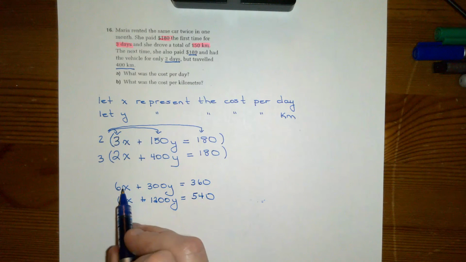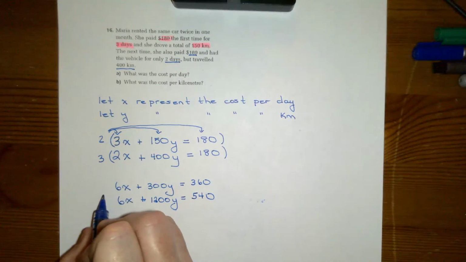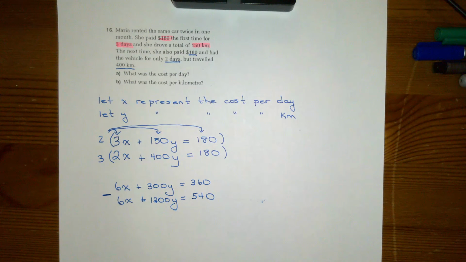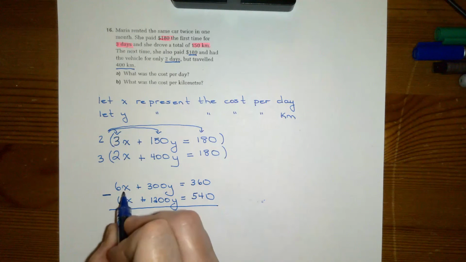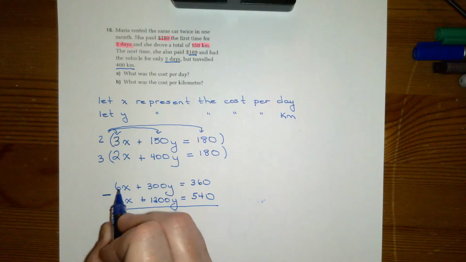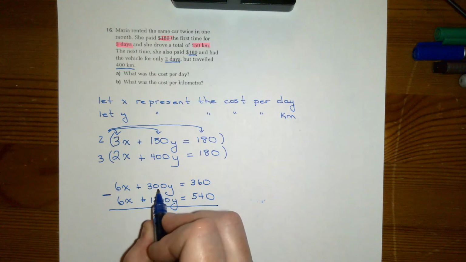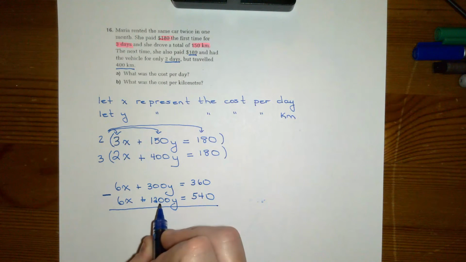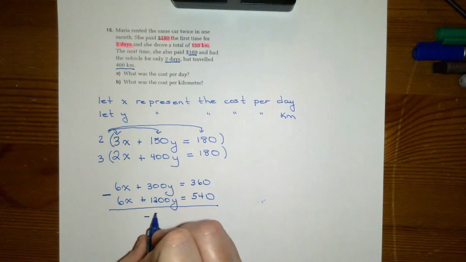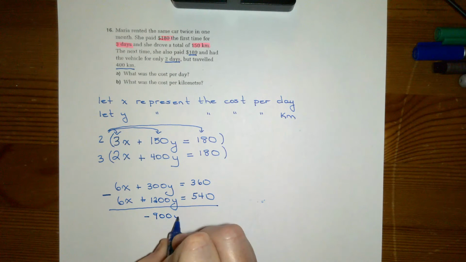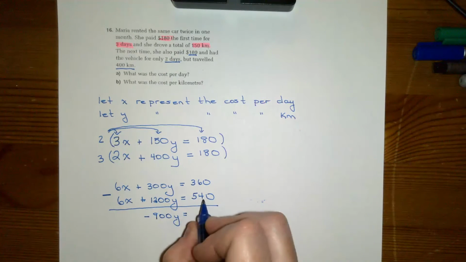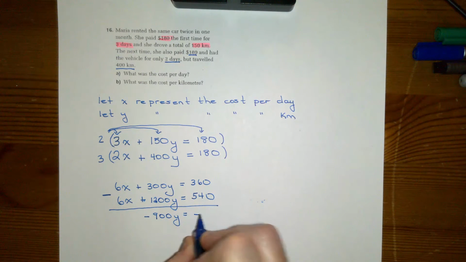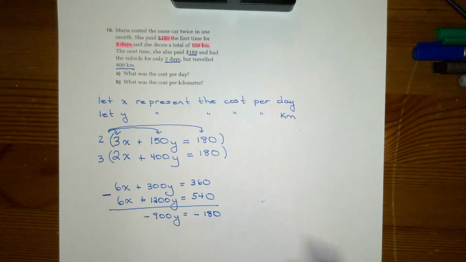Now, because these are the same, I know that I need to subtract in order to eliminate. So I'm going to subtract the one from the other. 6x minus 6x is nothing. 300y minus 1200y is negative 900y. And 360 minus 540 is negative 180.